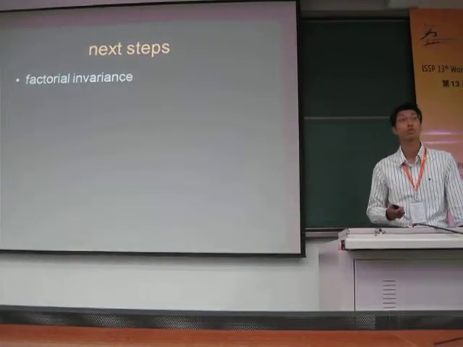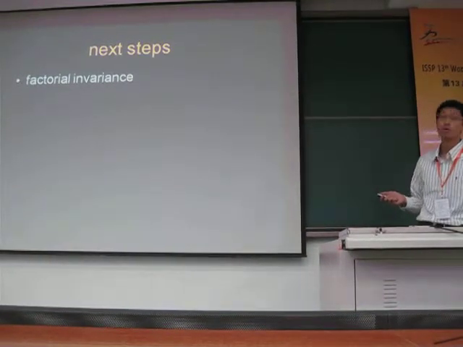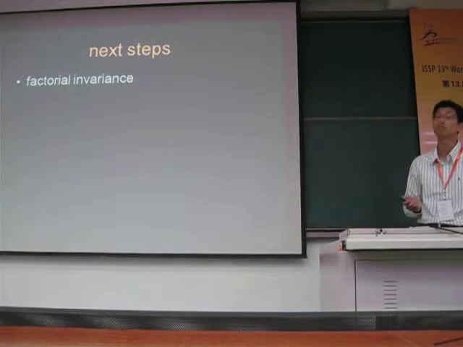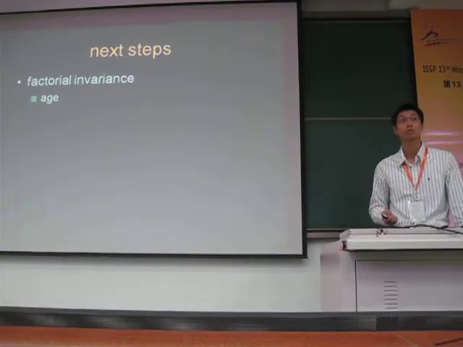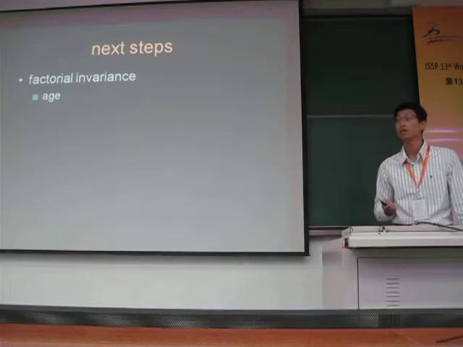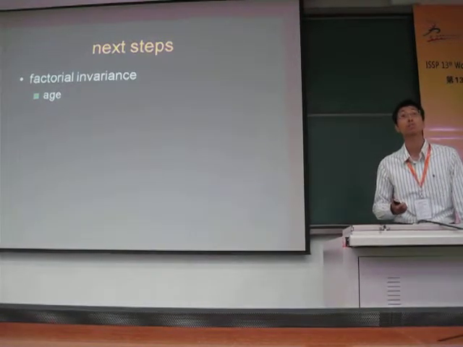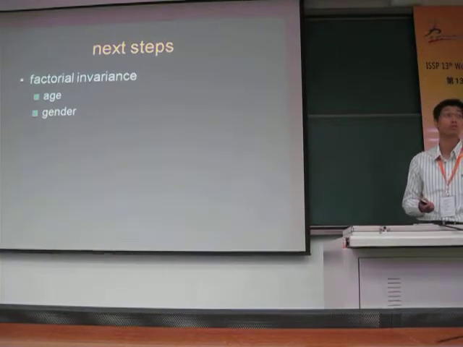We encourage future studies to examine the factorial invariance of this concept in terms of several variables. The first variable is age. With maturation, athletes may develop more mature communication behaviors. The second variable is gender.